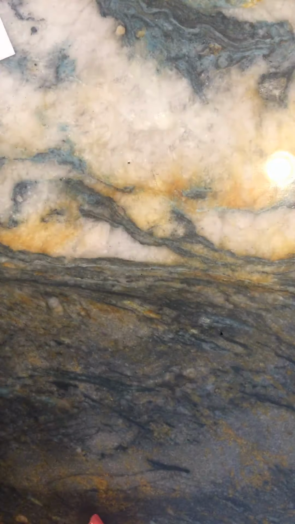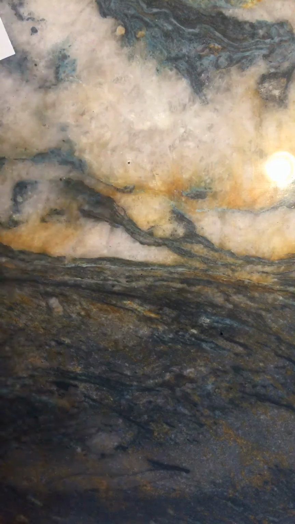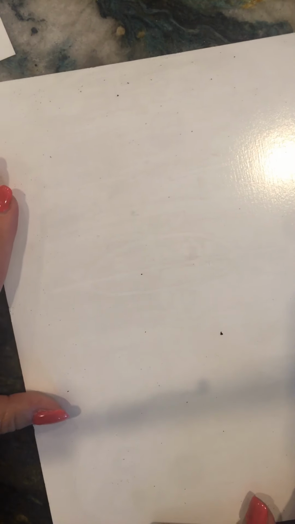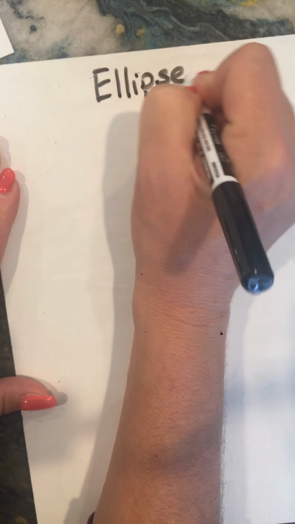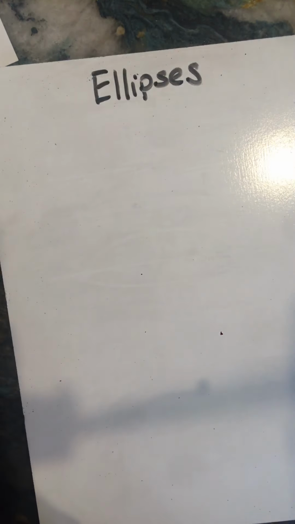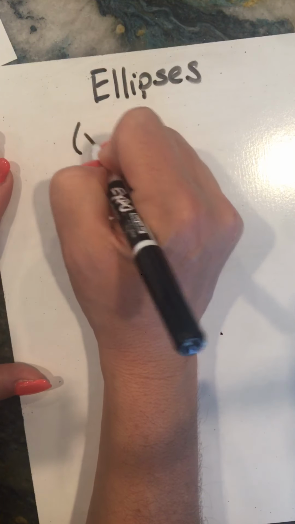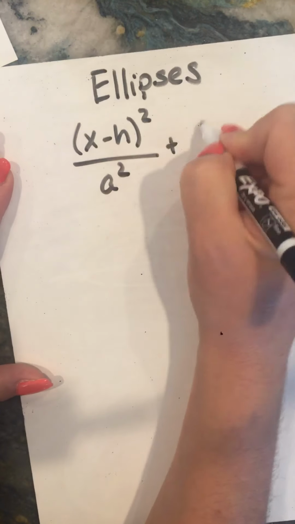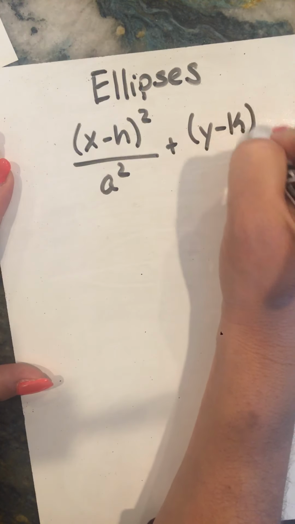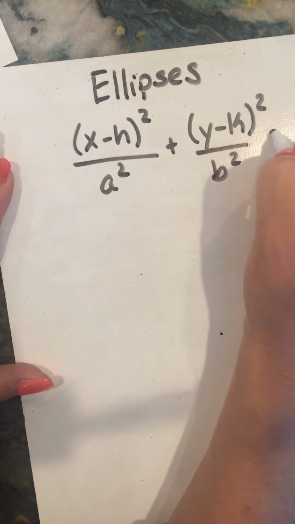And then we got into the ellipse. All right, so ellipses. The ellipse gave us the form x minus h quantity squared over a squared plus y minus k quantity squared over b squared equals 1.